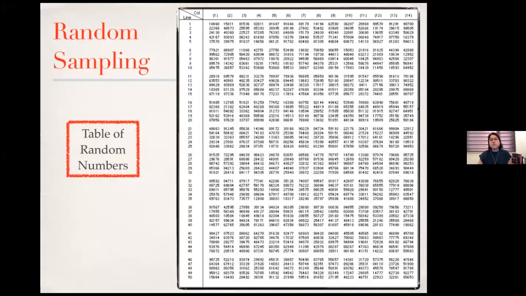So 056. So number 56 in your list of person is the first person that you will choose. And then you decide, do I go right or do I go left? I'd say I'd go right. So going to the right, it's 97735. So you choose number 35. So that's the next person. So that's how you use the table of random numbers.